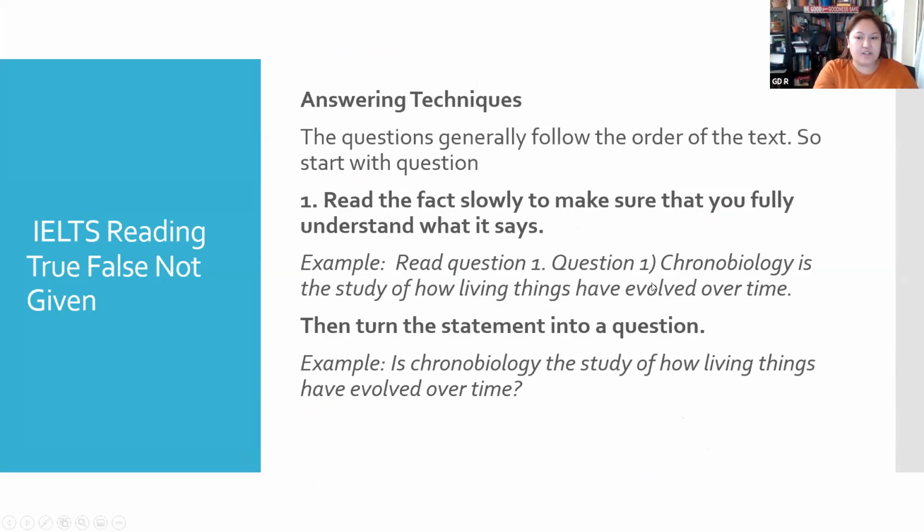So for example, question 1 was, chronobiology is the study of how living things have evolved over time. So one trick is, they say, turn that statement into a question. So is chronobiology the study of how living things have evolved over time?